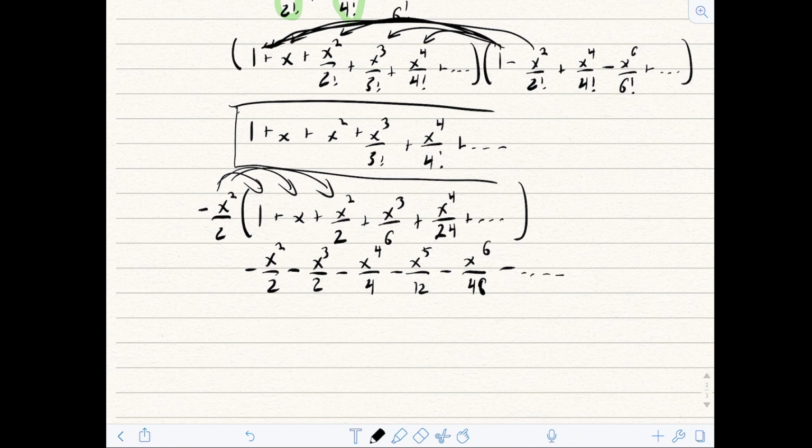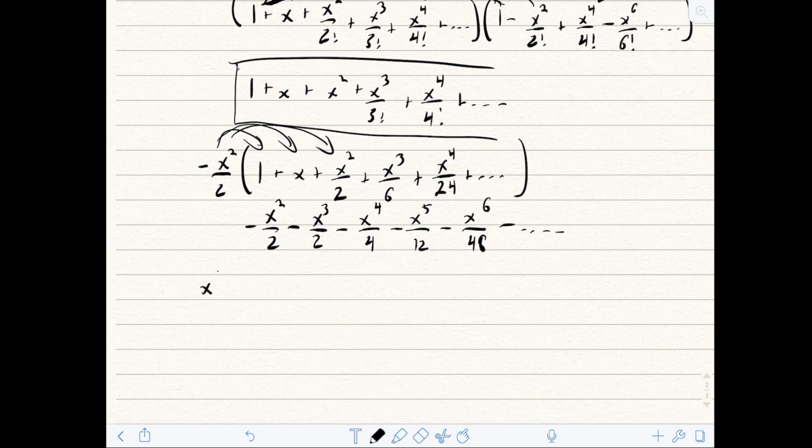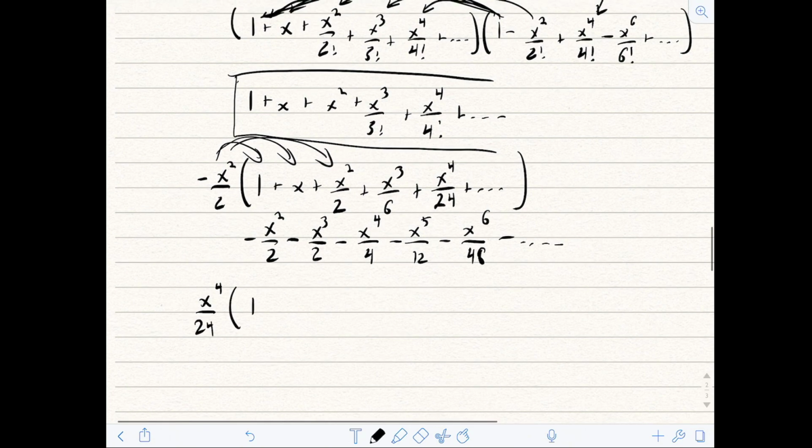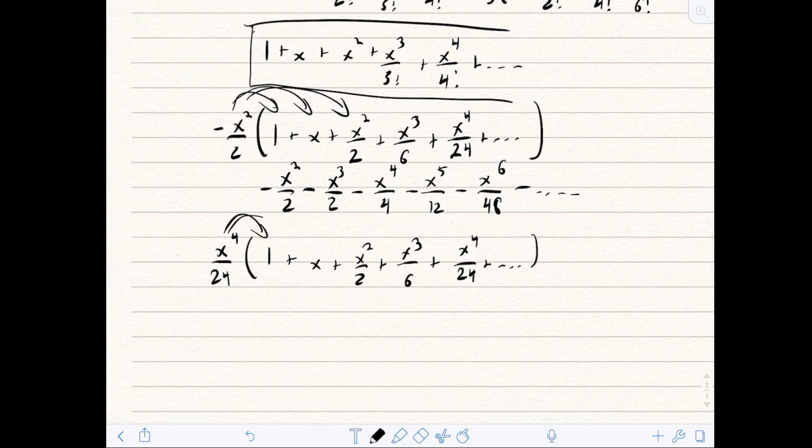Okay, then just so that we don't get too many terms that we don't necessarily need, I want to do x to the fourth over 24. That's going to be 1 plus x to the second over 2 factorial, which is just going to be 2, x to the third over 6 plus x to the fourth over 24 plus ... Okay, so this times that times that times that times that.